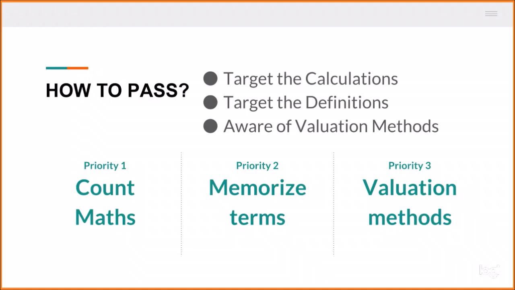Be aware of the valuation methods, meaning you need to be quite aware of the differences between the methods. If the question asks about a particular valuation method and you cannot answer in totality, you can at least answer the concept and the way it is applied, in order to get an average passing mark lah.